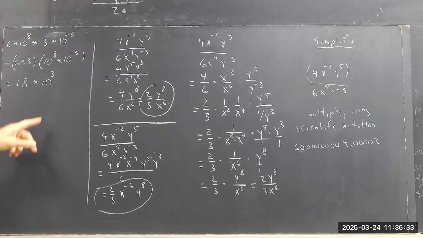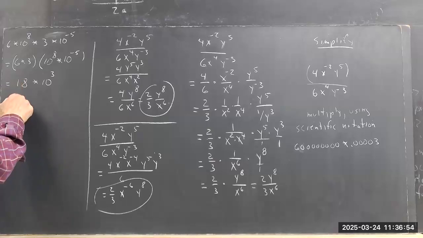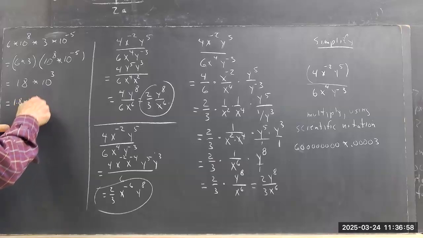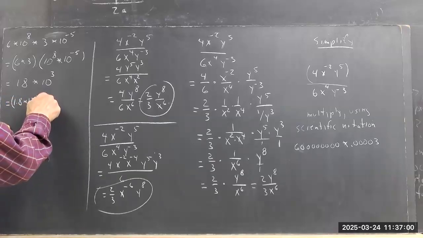Now, there's a temptation to stop here, but 18 is not between 1 and 10. Okay? It's got to be at least 1, and it has to be less than 10. So 18 could be written as 1.8 times 10.